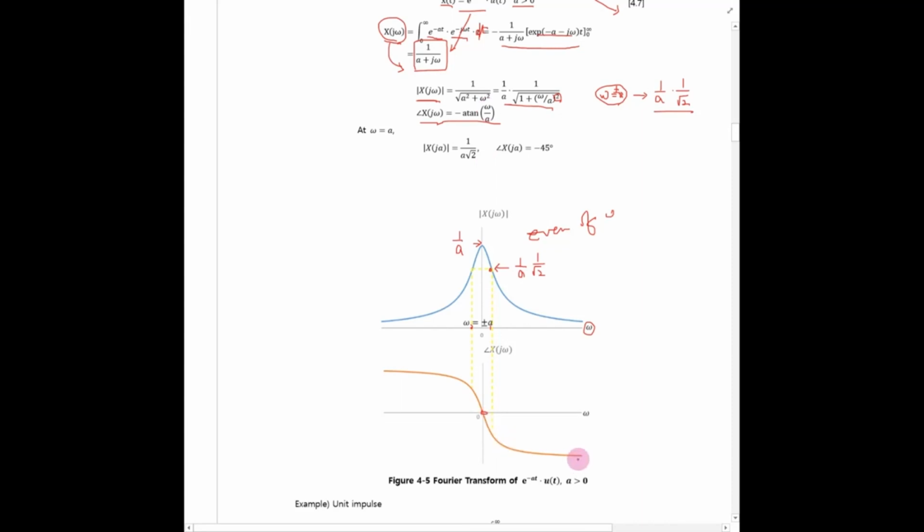As omega goes to infinity, it approaches minus pi over 2, or minus 90 degrees. But in the negative infinity case, it goes to pi over 2. This is 90 degrees and minus 90 degrees. That's the function of arctangent.